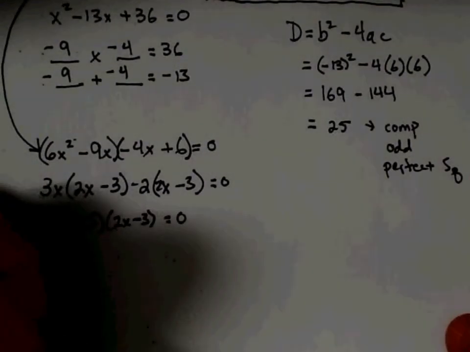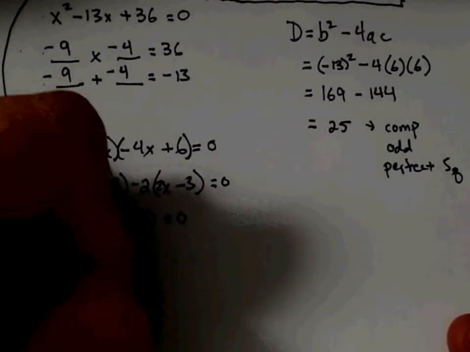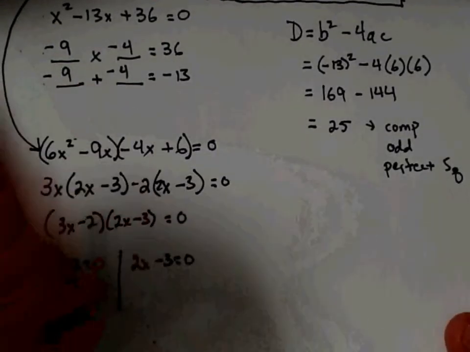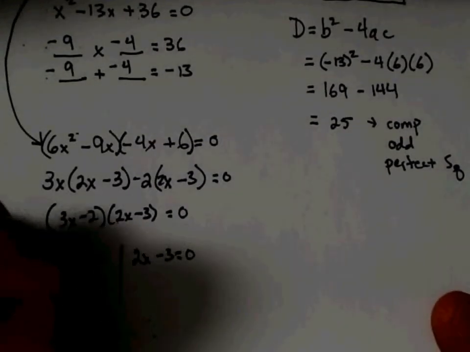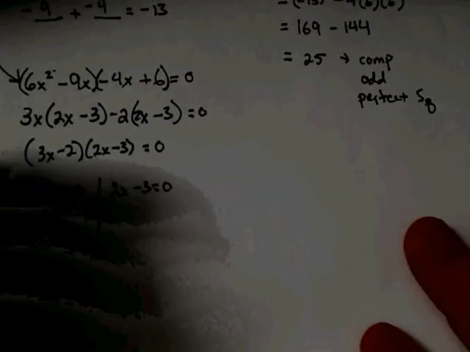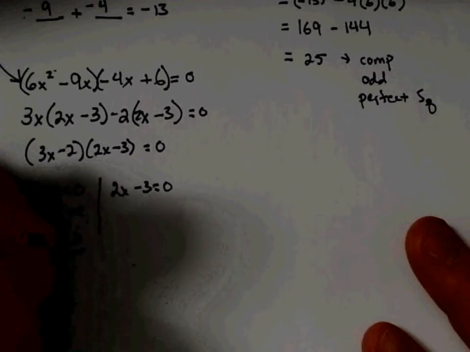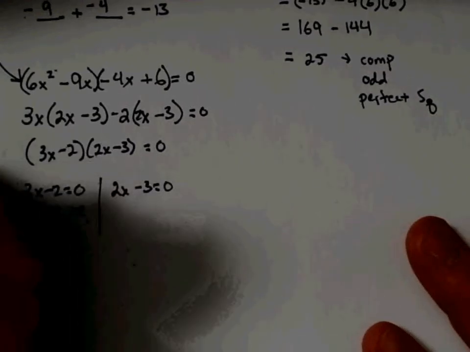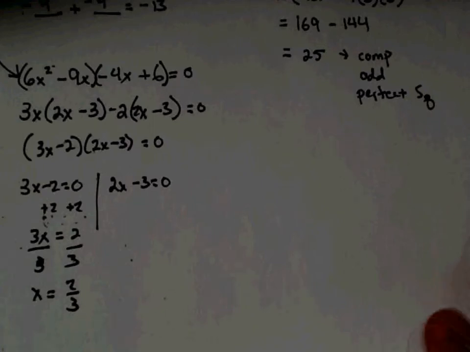Correct? Correct. And so now I find the x-intercepts by setting 3x minus 2 equals 0 and 2x minus 3 equals 0. So I add 2, 3x equals 2, divided by 3, so x equals 2 over 3 for one of them.